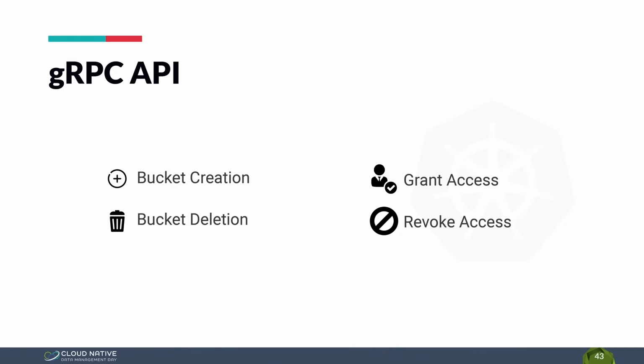Now we have 2 forms of bucket deletion in COSI, and we differentiate between them using something called the deletion policy. There are 2 deletion policies: the retain deletion policy and the delete deletion policy.